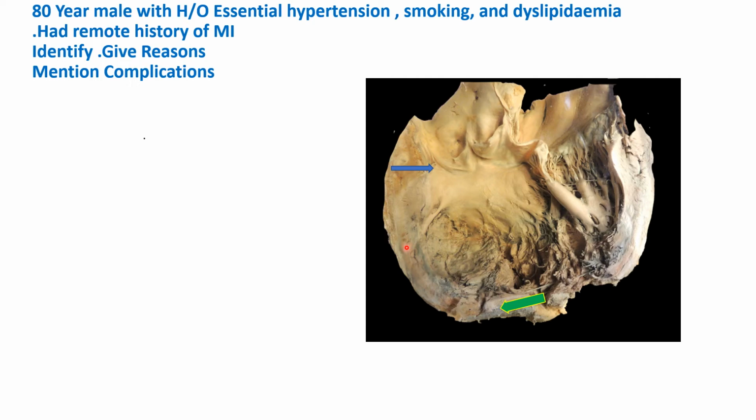This is the interventricular septum, apical region, and there is scarring, blackish discoloration, indicating an old healed infarct, and in addition there is this attached blackish thrombus, which is known as mural thrombus. So there is an apicoseptal infarct with mural thrombus.